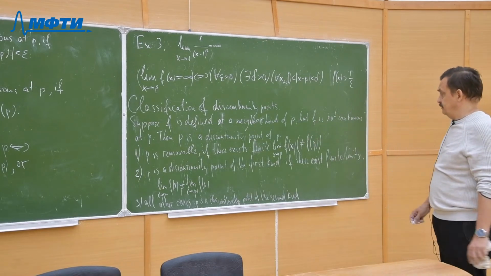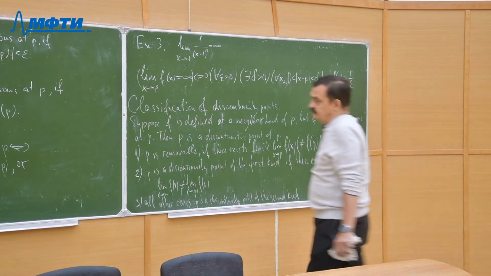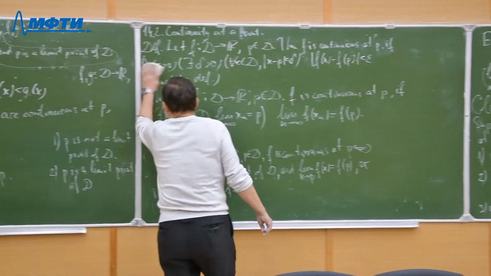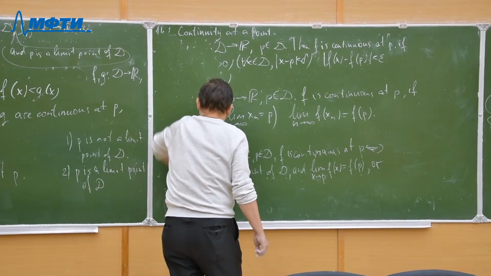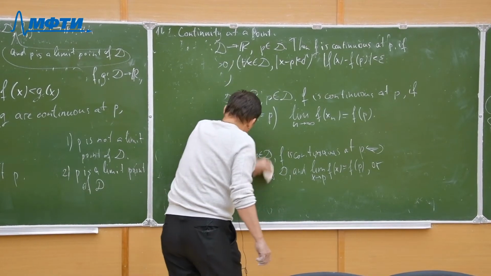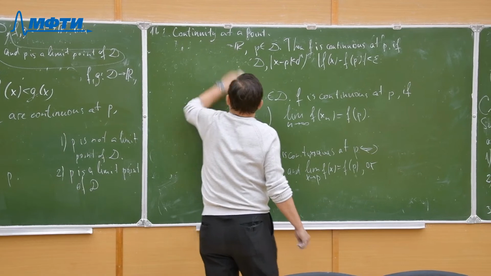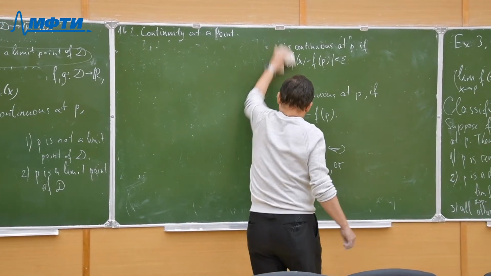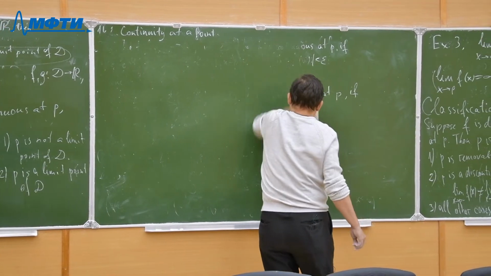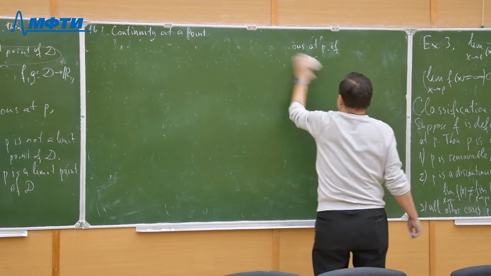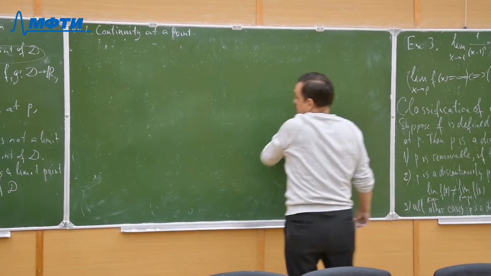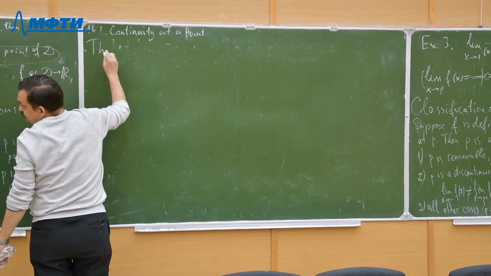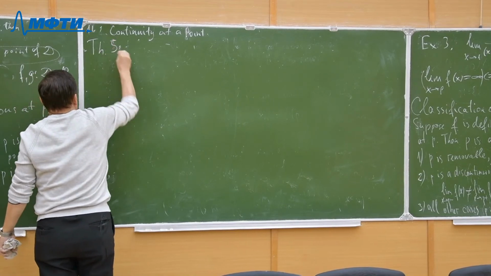And what can be deduced from the theorem about limits of monotone functions? So, theorem, okay, let it be theorem 5.